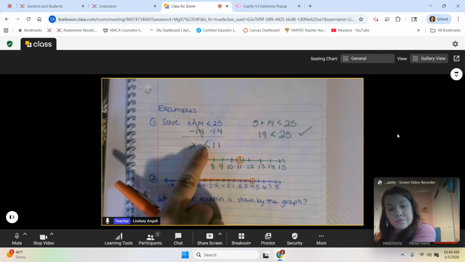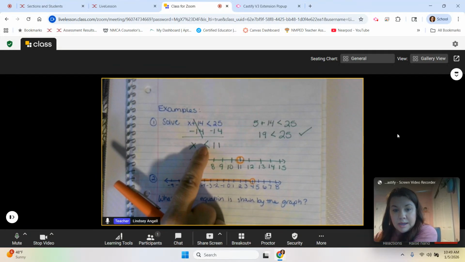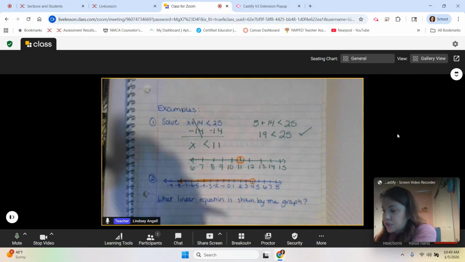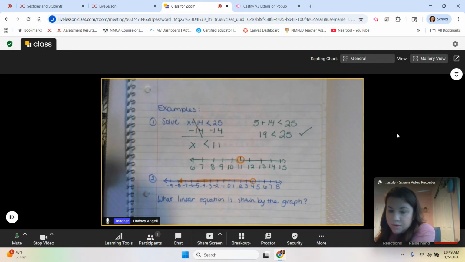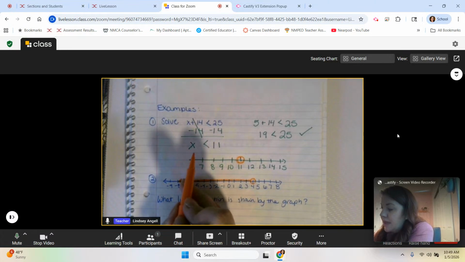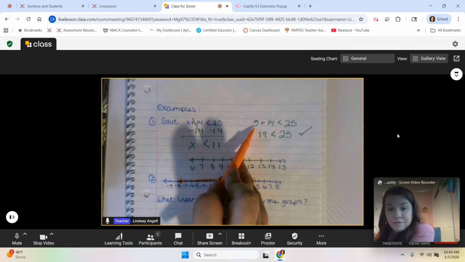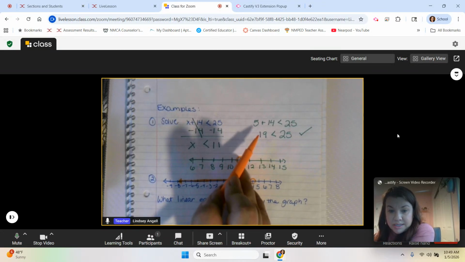And then if you notice here, I have a less than symbol. Well, that less than symbol, doesn't that look just like the end of my number line? So that kind of gives you a hint of which direction my arrow should go, right? And if we're thinking x is less than 11, well, we had used 5 when I did this example, right? When I solved it.